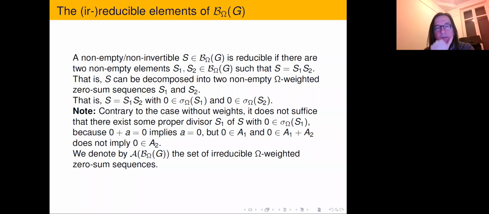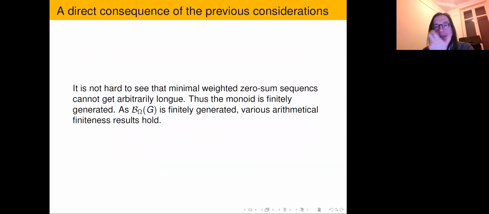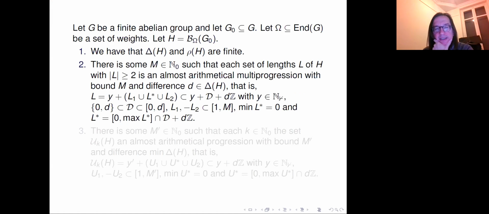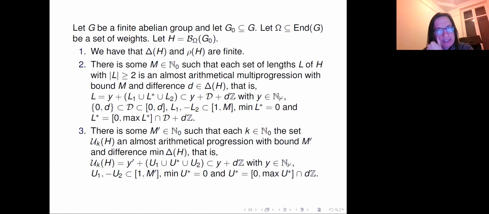Then one can show, and it's not too hard to do, that these monoids are finitely generated, simply because one can establish a bound on the length of irreducible zero-sum sequences. As a consequence of being finitely generated, one already gets a whole bunch of finiteness results. I will just focus on the third one, which says that these sets U_k(H) are almost arithmetic progressions.